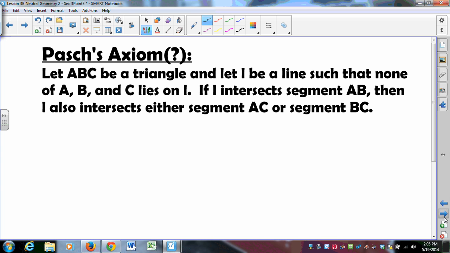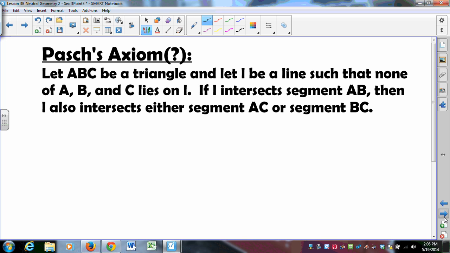We're going to let triangle ABC exist, and we're going to let L be a line such that none of A, B, and C lies on L. If L intersects segment AB, then L also intersects either AC or BC, not both.